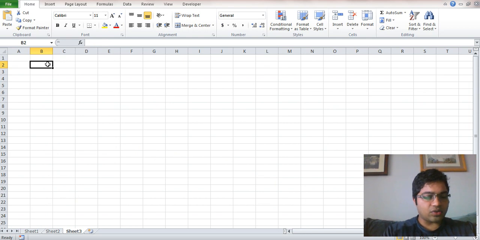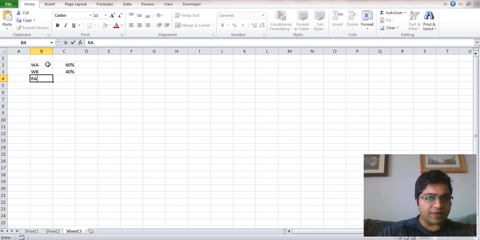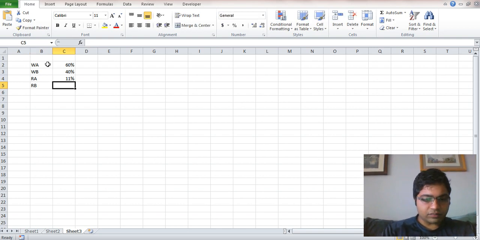So what have they given you? Weight of asset A 60%, weight of asset B 40%. They have given you return of asset A 11%, return of asset B 7%.